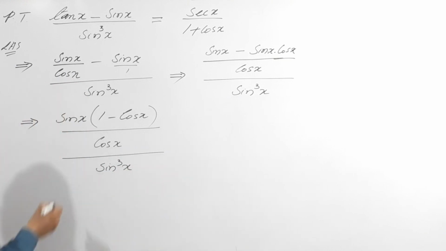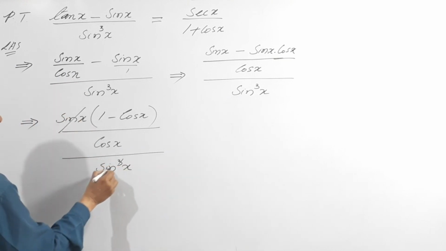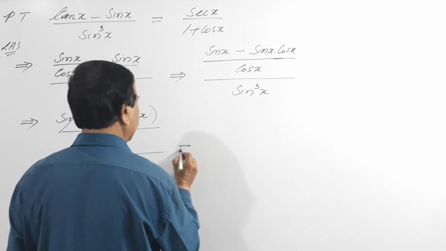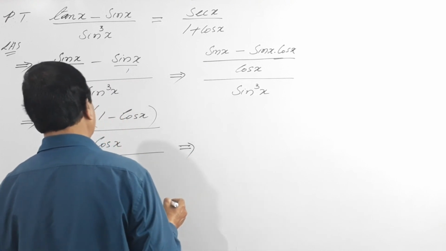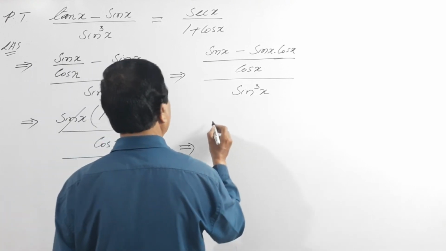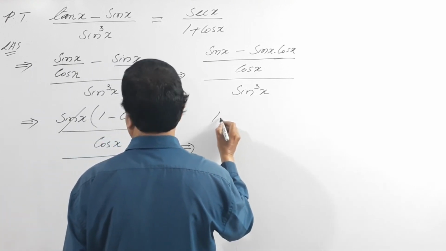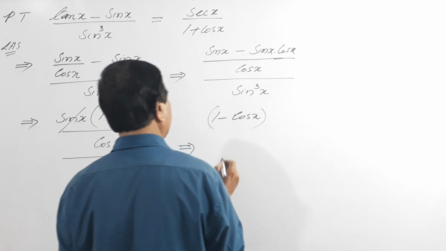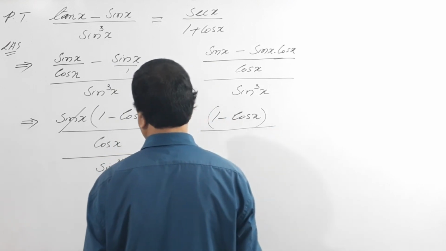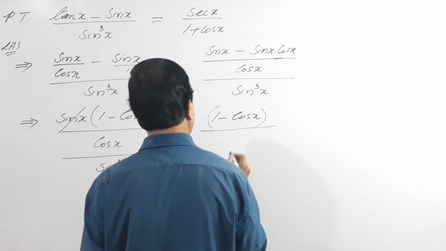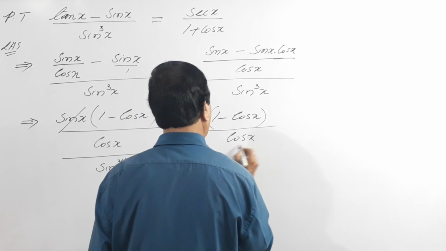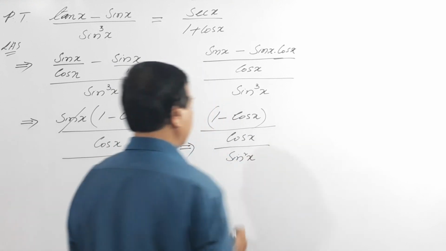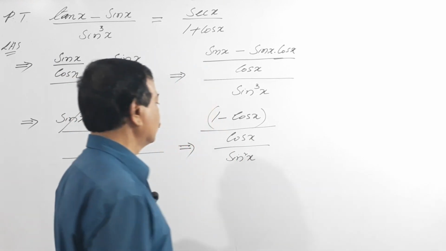So I'll cancel, I cancel this square times. So what happens to this? 1 minus cos x divided by cos x by sin square x.